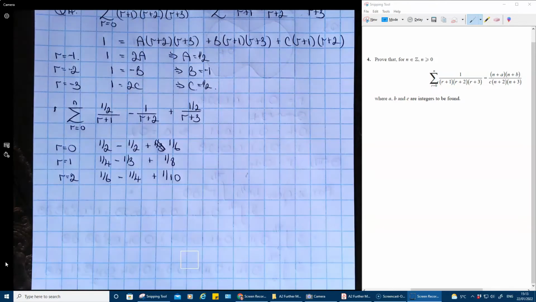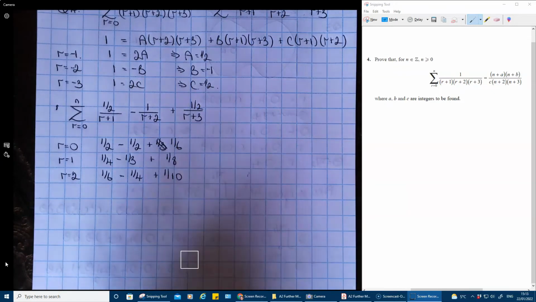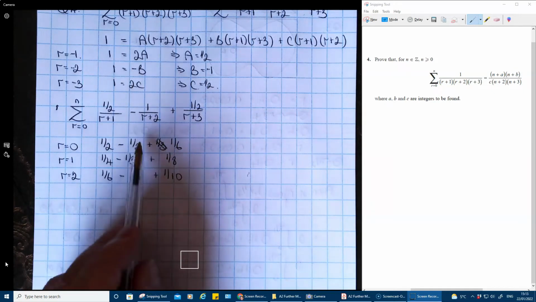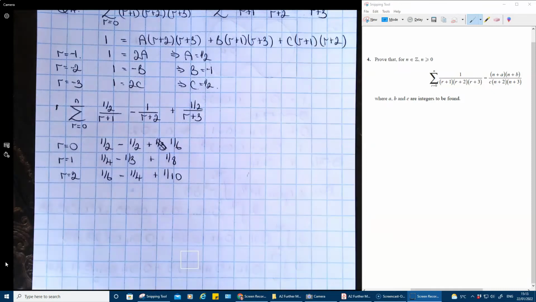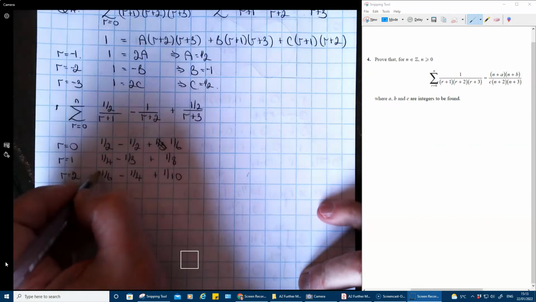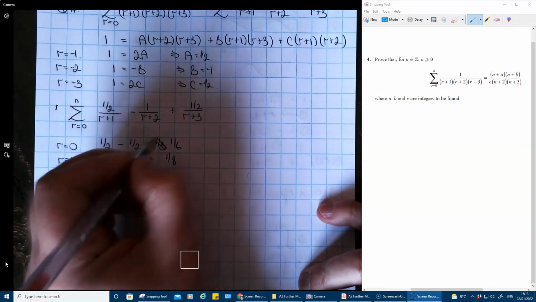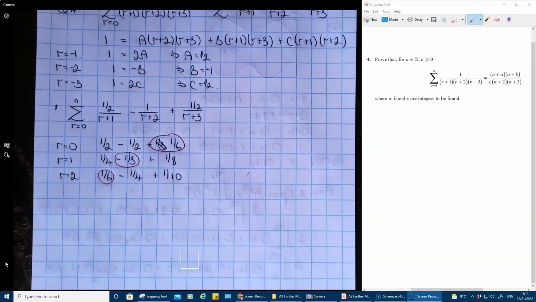Okay, so now I'm trying to see, well, where's the cancelling occur? This is not immediately obvious. It looks like half, take away half, but then it doesn't work anywhere else. Remember, we're looking normally for diagonals, and this is an unusual case. We've got this diagonal, that one, that one, that one. Those three cancel.